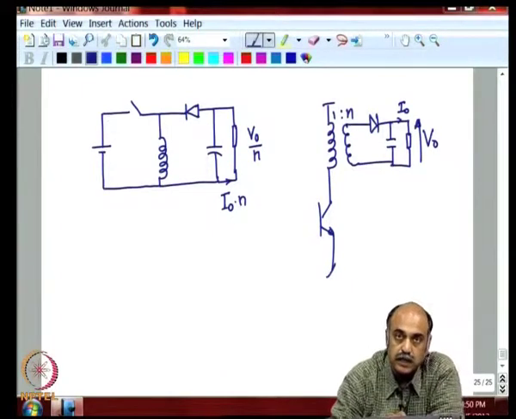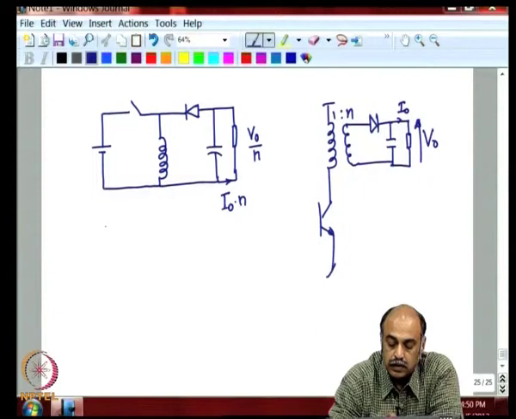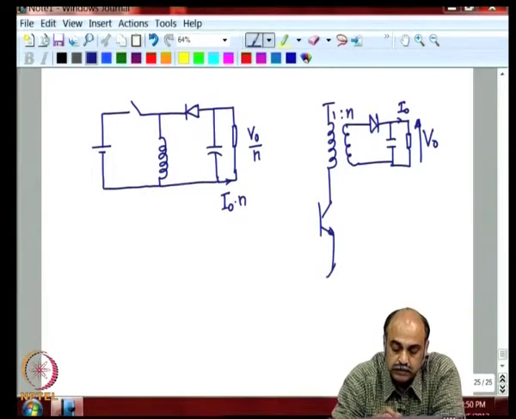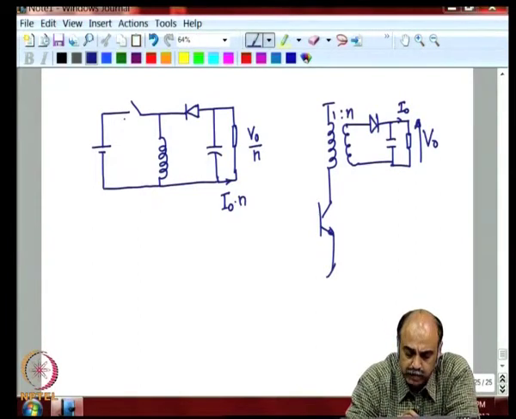Do all the design that you would for the non-isolated buck, find out the value of the inductor, the rating of the switch. When the switch is on, the peak current that flows through would be the inductor current plus delta IL by 2, and when it is off, the voltage across that will be voltage V in plus V naught by n.